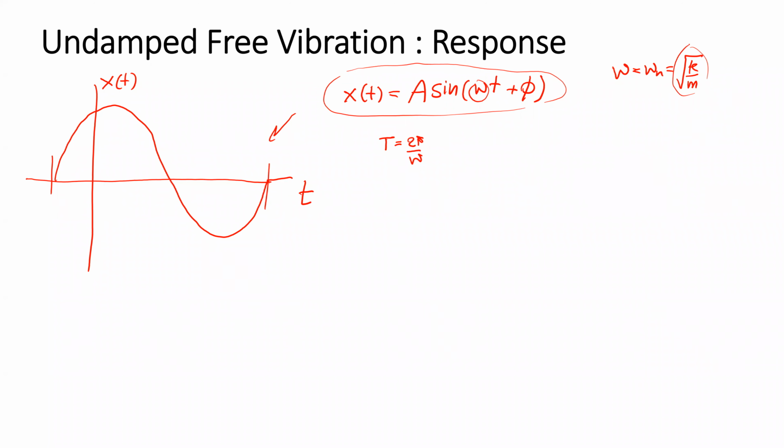And omega is square root k per m. How about the angle phi? How can we relate the angle phi to this picture?